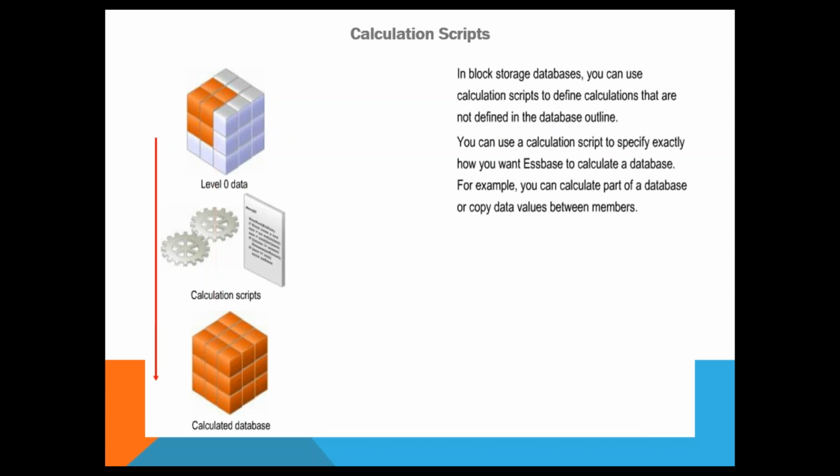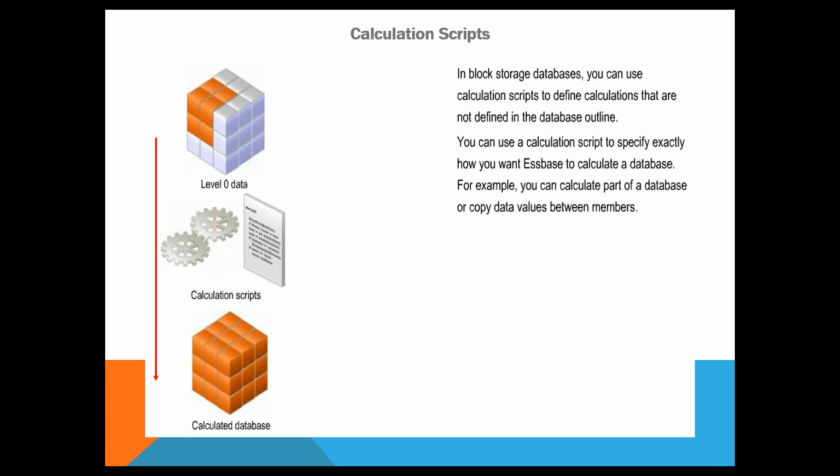How you do that is by using the calculation script. You write a calculation script to achieve something, and then you run it whenever there is a necessity, whenever there is a requirement. The customer says, I want to look at this data in the very first week of the next month.